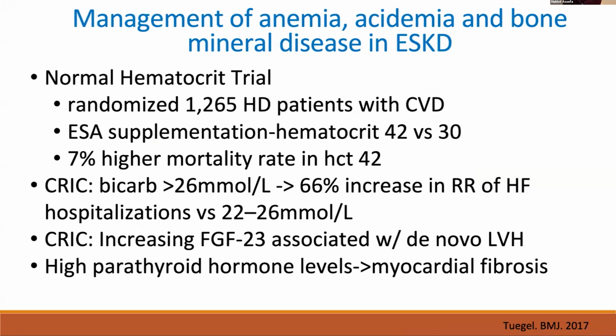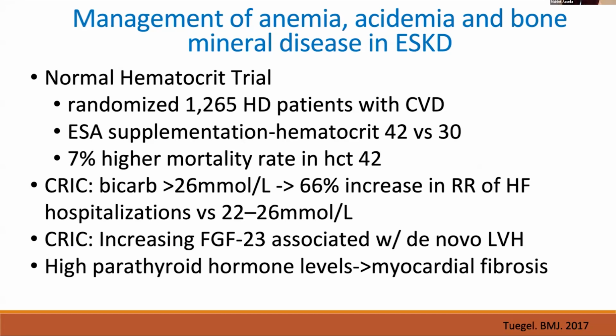The Normal Hematocrit Trial, which was in the 1990s, randomized about 1,200 hemodialysis patients with cardiovascular disease. They were looking at different hematocrit targets and their associations with mortality, and the trial actually had to be discontinued early as they saw a higher mortality rate in those in the higher hematocrit group.